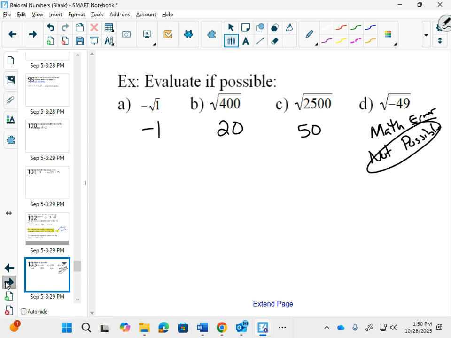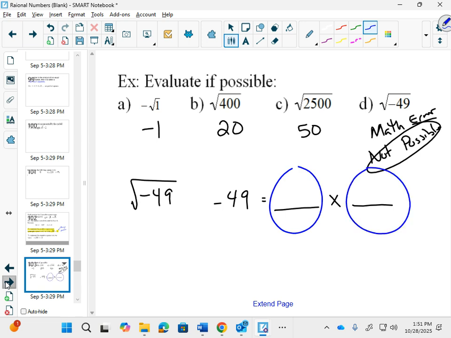That's what you'd have to write on a test. It is not possible. Why is it not possible? This is how we think of it. I am asking you this question: negative 49 is equal to something times something. And both of these things in these blue circles have to be identical. So they're either two positive numbers or two negative numbers.